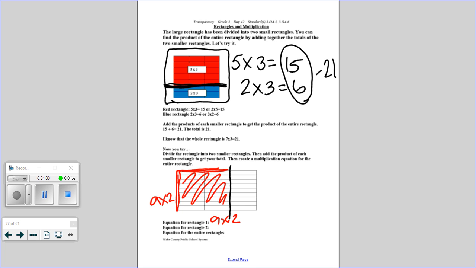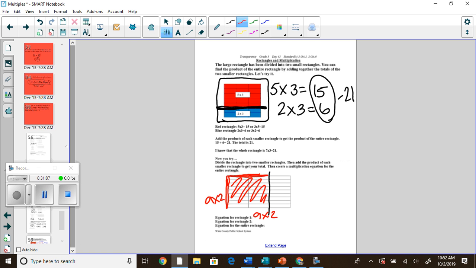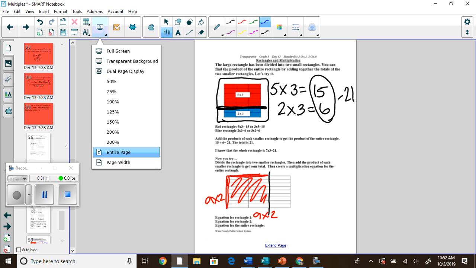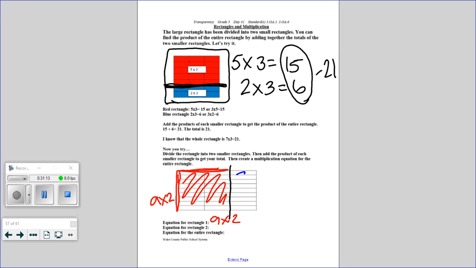So what is going to be the equation for our other rectangle? What's going to be the equation over here? Ashlyn? 9 by 1. It's 9 times 1. What is the equation for the whole thing?